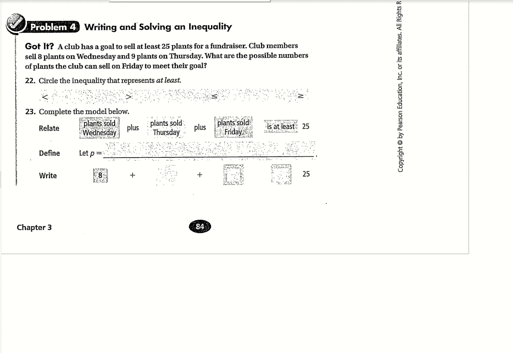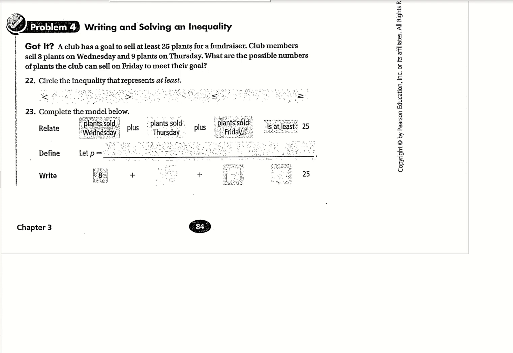It says a club has a goal to sell 25 plants for a fundraiser. Club members sell 8 plants on Wednesday and 9 plants on Thursday. What are the possible numbers of plants the club can sell on Friday to meet their goal? I'm going to start just by underlining all the really important stuff here.